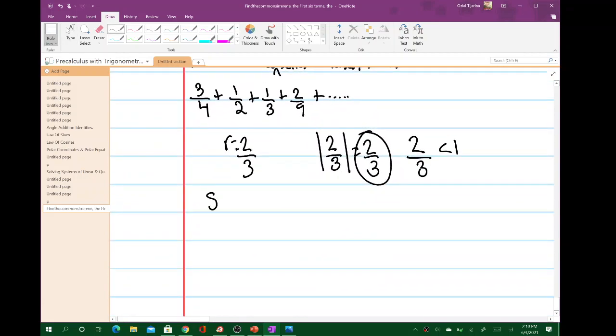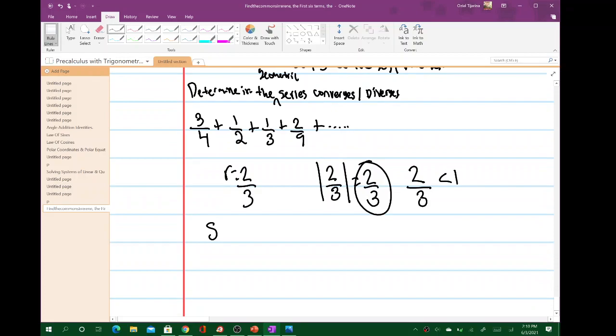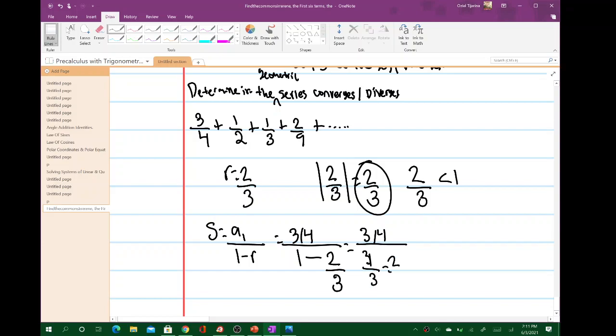So that means that the sum of this series is a sub 1 over 1 minus r. Now, a sub 1 is 3/4 over 1 minus 2/3. So in reality, it would be 3/4 over 3/3 minus 2/3.